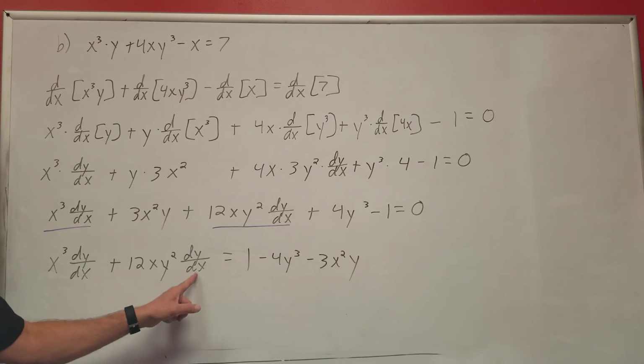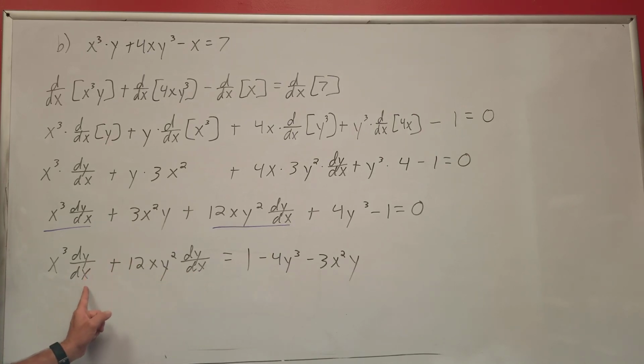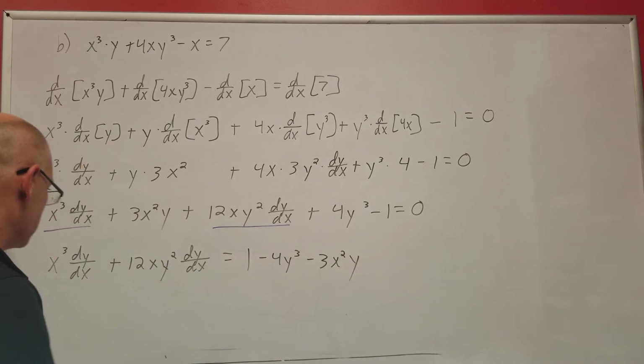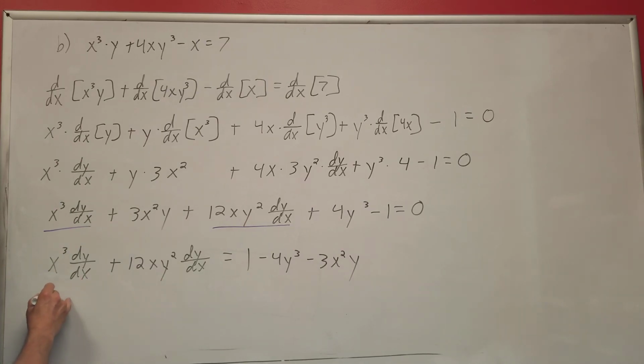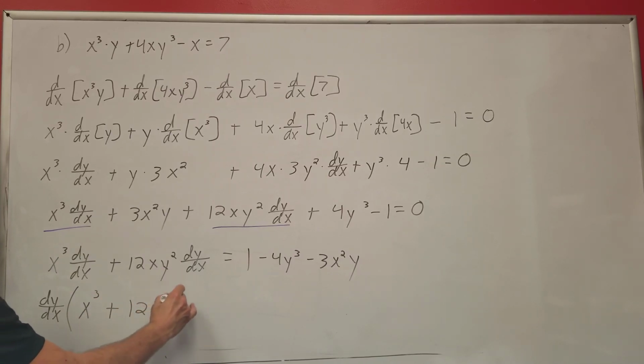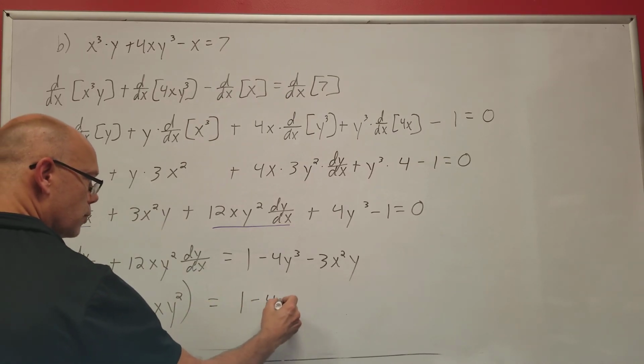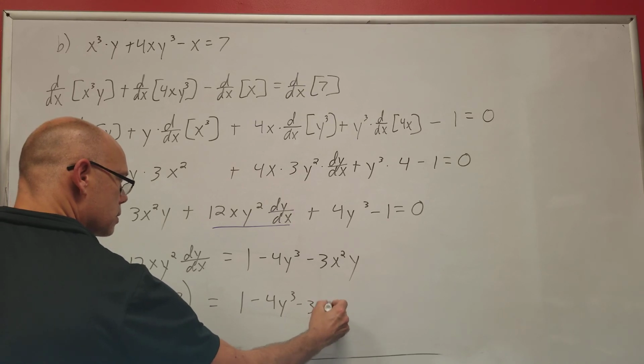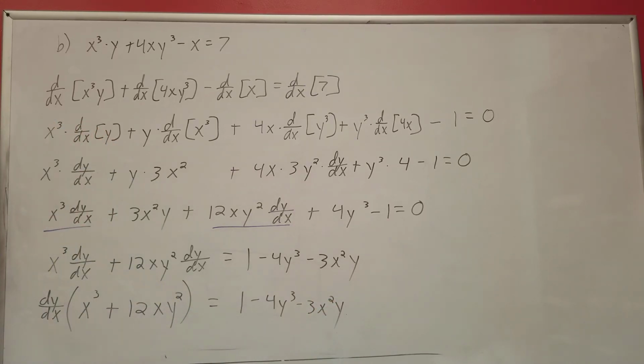Now keep in mind what I'm solving for. Dy over dx. So let's factor it out of these two terms right here. If I factor it out of here, what am I left with? X cubed plus 12xy squared. And then the other side is 1 minus 4y cubed minus 3x squared y. Now how do I finally solve for this part right here?